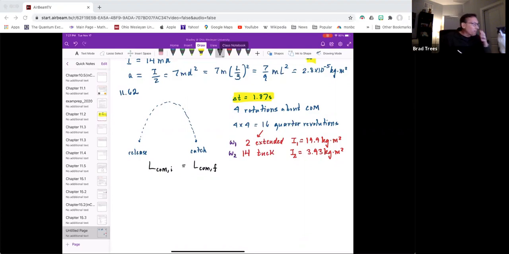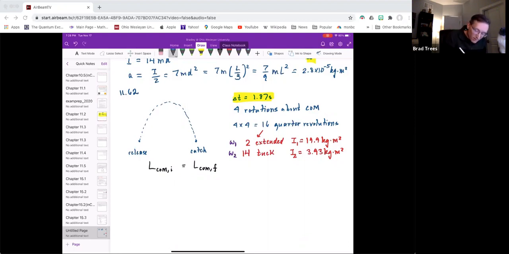And that means when the person is in the extended orientation with the larger rotational inertia, or when the aerialist is in the tuck orientation with the smaller rotational inertia, in both cases they have the same angular momentum. So here we go.